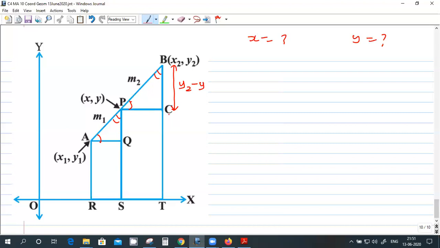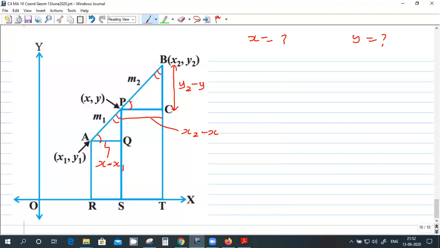See, the coordinate of point C is y. And what is this distance? It will be y minus y1. What is this distance? x2 minus x. What about this distance AQ? It will be x minus x1.